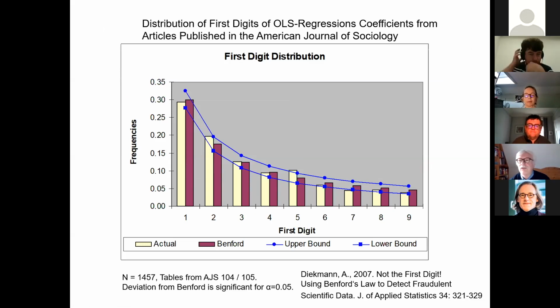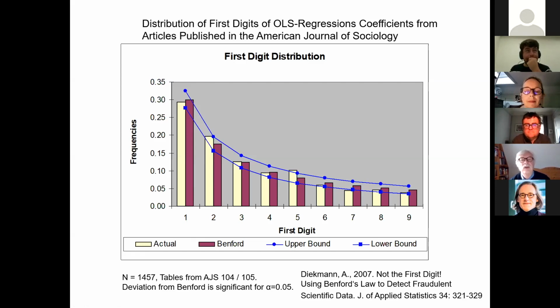I'm sure if you draw a sample of, say, trees in Lyon, and you measure the height of the trees, the first digit of the height is surely Benford distributed. I bet on this. So I drew a sample from articles in the American Journal of Sociology.